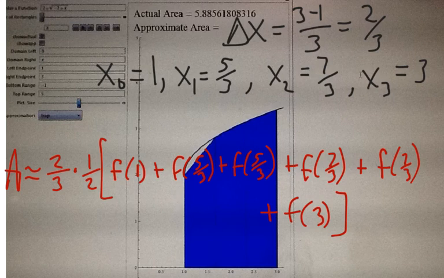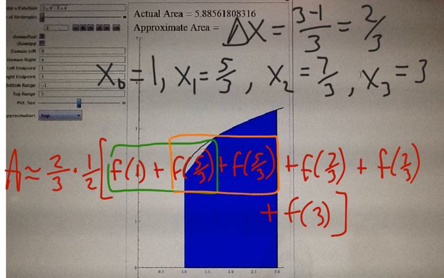So just to highlight what's going on here, these two are the bases for the first trapezoid, and then these two here are the bases for the second trapezoid. And then, I hope this doesn't get overly confusing here, but these two are for, wow, I messed that up.